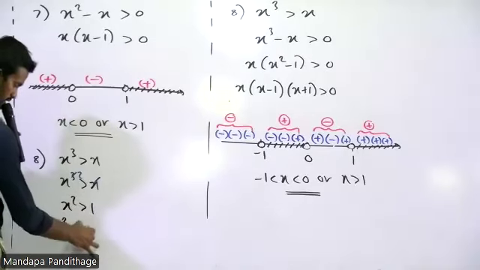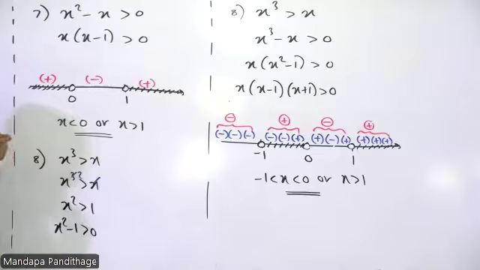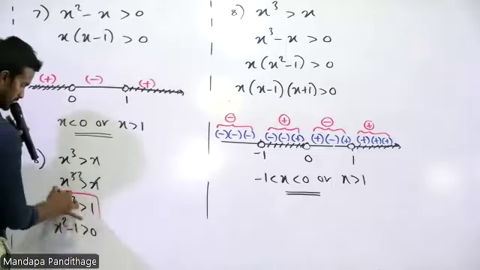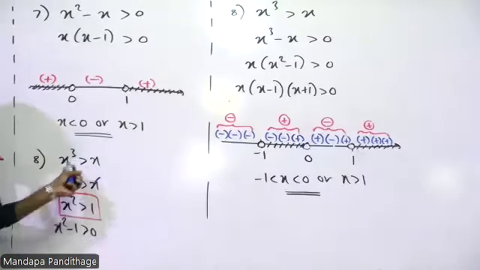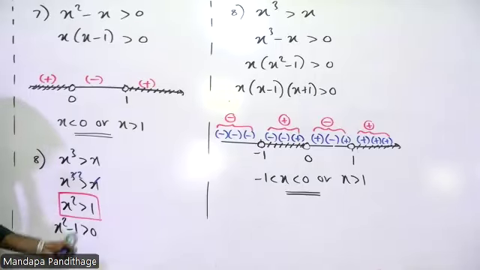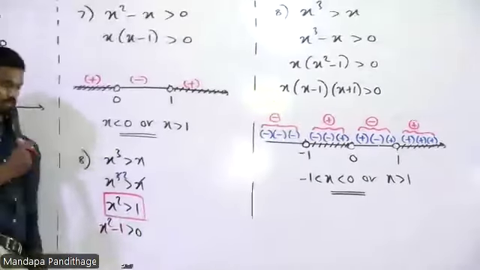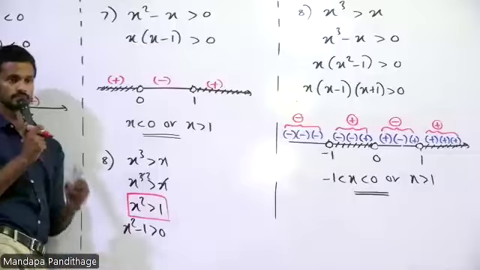So I have taken a simplified version of the inequality. Previously what we had was x cubed is greater than x, and I have cancelled x and x, and then I have taken a simplified version of this.